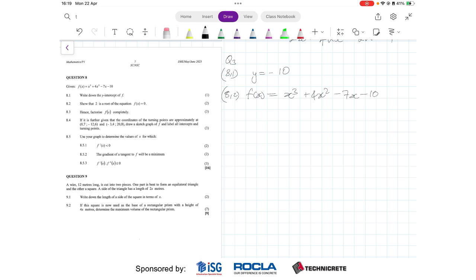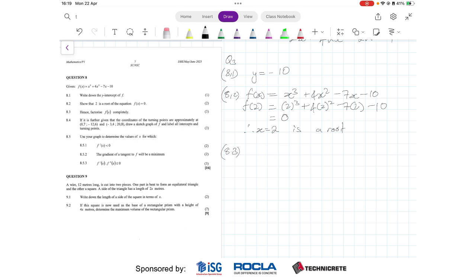In order to show that 2 is indeed a root of the equation, we may then substitute x equal to 2 into our equation, such that we have 2 cubed plus 4 into 2 squared minus 7 into 2 minus 10. And that will be equal to 0. Therefore, x equals 2 is a root.